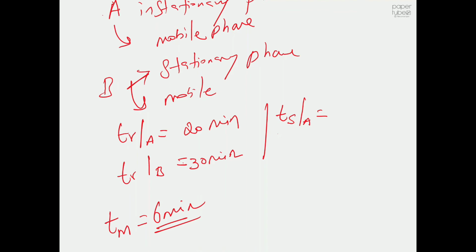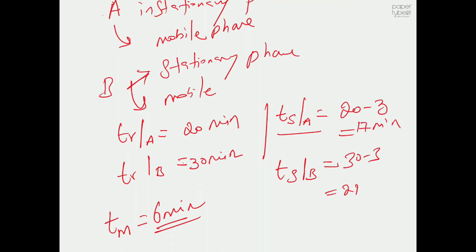So the time spent by compound A in the stationary phase should be equal to 20 minus 3, and the time spent by compound B in the stationary phase should be equal to 30 minus 3. So these are very simple. 17 minutes, 27 minutes. It's that simple. I hope you all get up to this point.